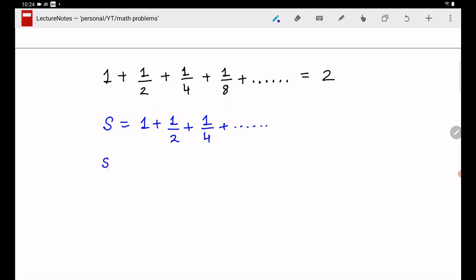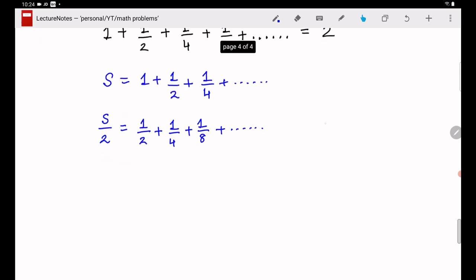So the left hand side of the equation becomes S by 2 and the right hand side of the equation becomes 1 by 2 plus 1 by 4 plus 1 by 8, and since it's an infinite series, it goes on. So we have got two equations when initially we had just one. So this is our first equation and this is the second equation.